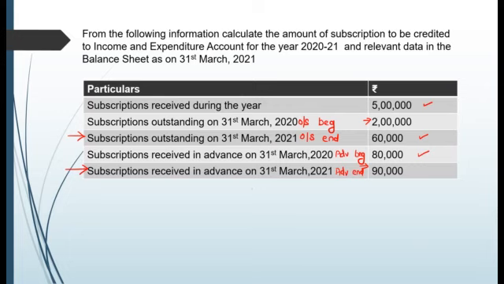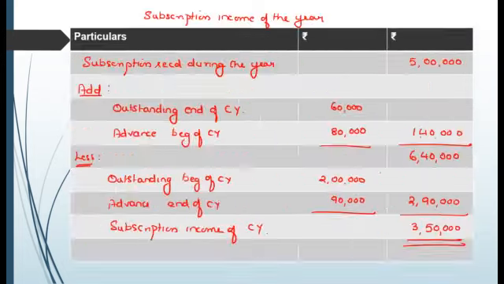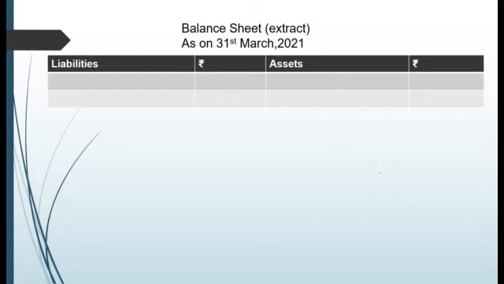Outstanding at the end of 31st March 2021 means the amount was not yet received. So it is supposed to be received. So it is an asset. It would come on the asset side. And the advance received will come on the liability side. So outstanding is 60,000 and advance is 90,000. So on the liability side, you have subscription received in advance, 90,000.